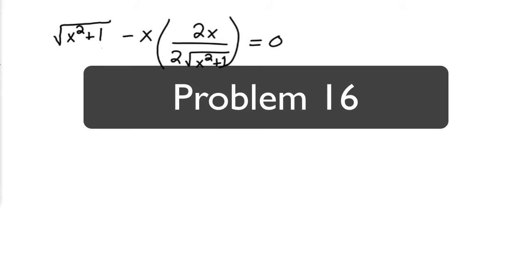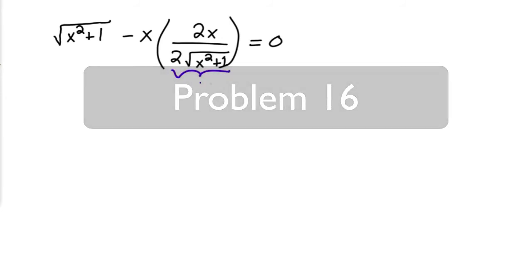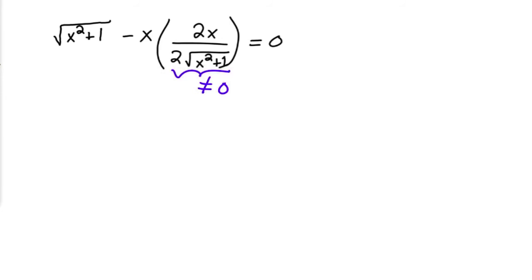Okay, so the first thing we look for is where the denominator is equal to 0, to see if it's undefined. But this can't equal 0 because x squared plus 1 can't equal 0. So what that means is we can multiply both sides by that denominator, 2 square root of x squared plus 1, and that's going to get rid of this denominator, and we're going to multiply this other term by 2 square root of x squared plus 1.